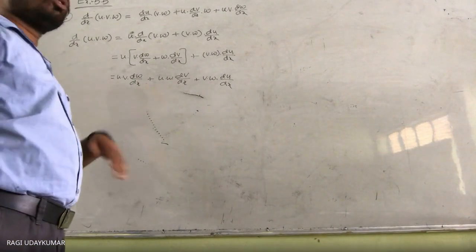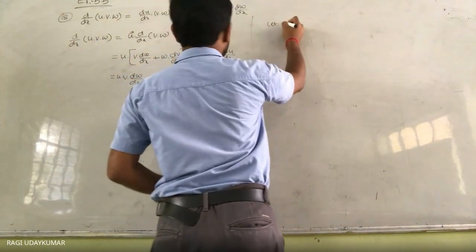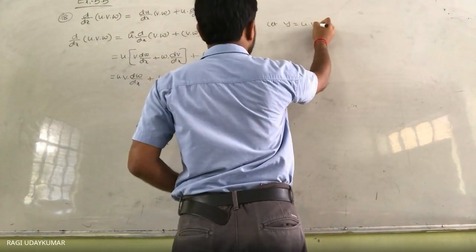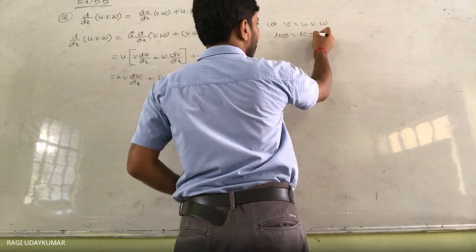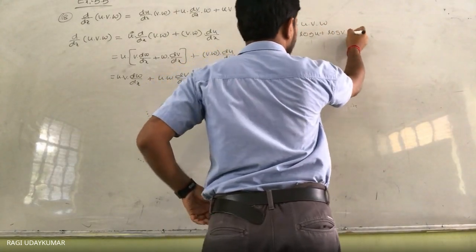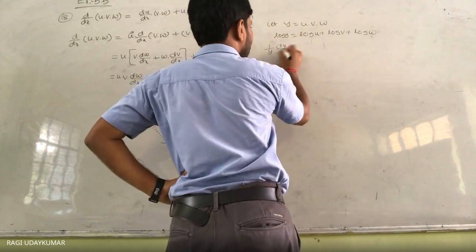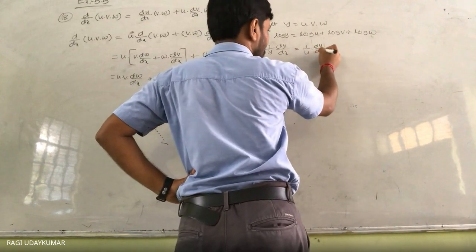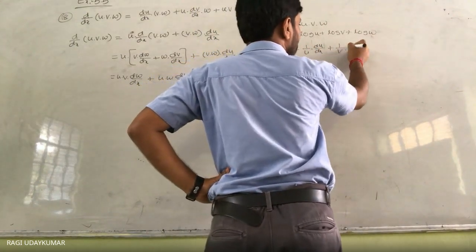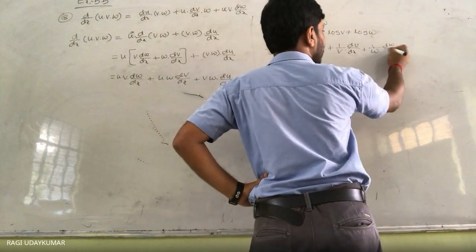Logarithm use कर ले तो और थोड़ा length होगा. Log use कर ले तो we need to let y is equal to u, v, w consider करो. Log y is equal to log u plus log v plus log w आ जाएगा. 1 by y dy by dx is equal to 1 by u du by dx plus 1 by v dv by dx plus 1 by w dw by dx.